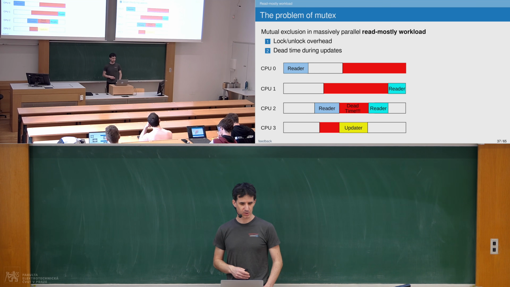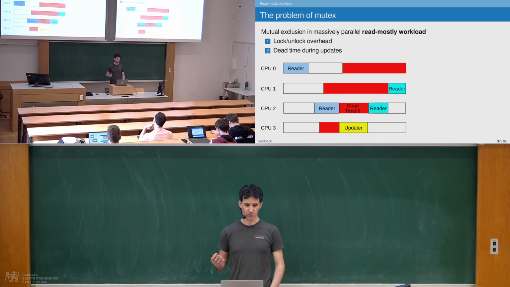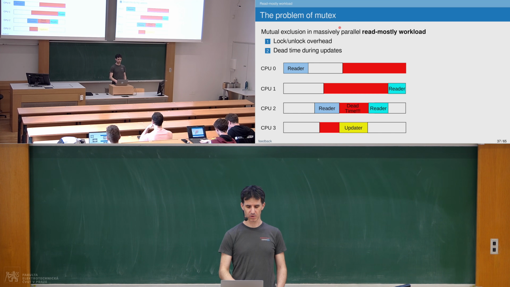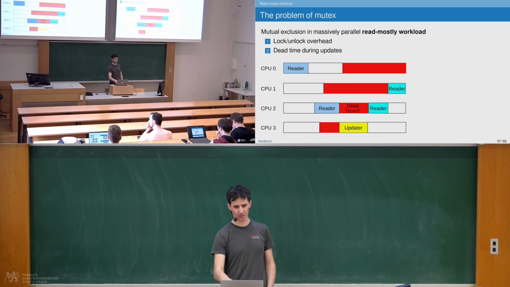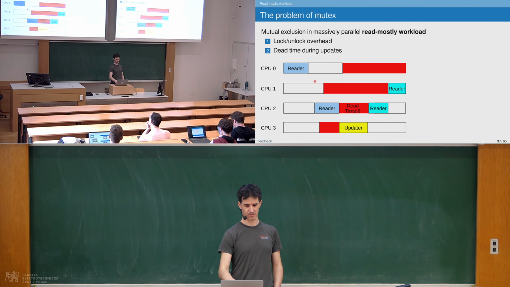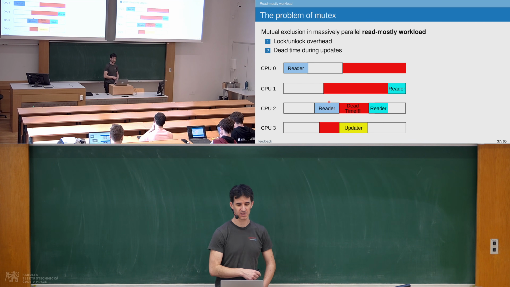If you have this read mostly workload and you use a mutex to synchronize access to the data, this is the result. If there is just one reader, it's okay. But if there are multiple readers, this reader wants to start reading, but it cannot because another reader is reading.